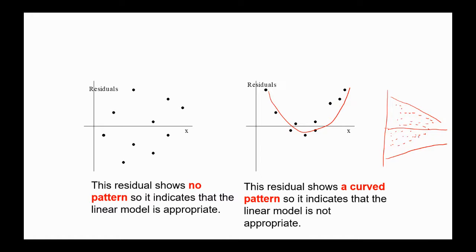That technically would be cause for alarm. I can't remember exactly what that shows, but it does show something is going on with the data. That's going well beyond this class, but it's another pattern you would need to dig into the data to find out what's going on.